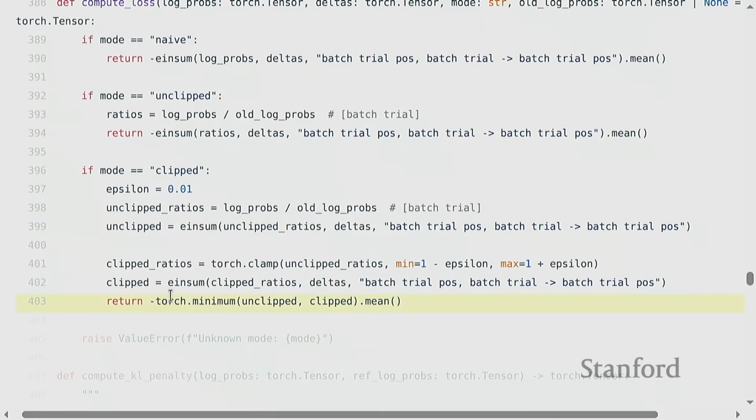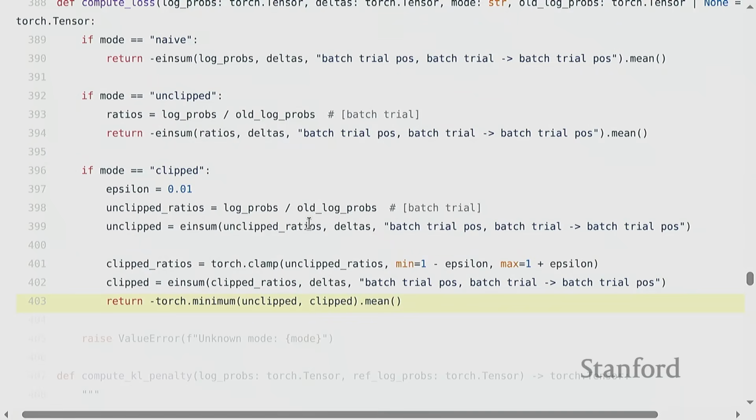So this is just following the math in the GRPO paper, and in the assignment, you'll see an explanation of why this makes sense. If your updates are within the clipping range, then you just get the standard update.